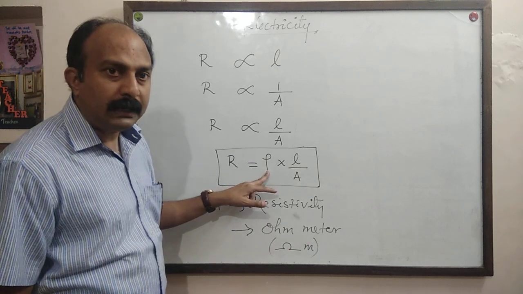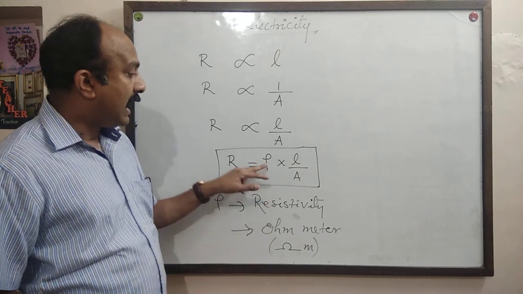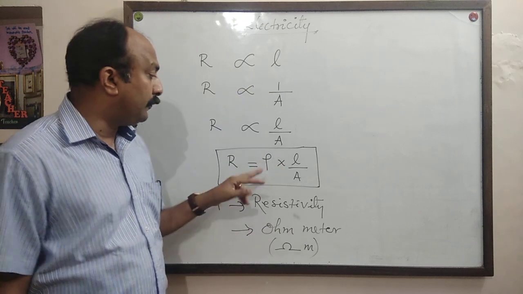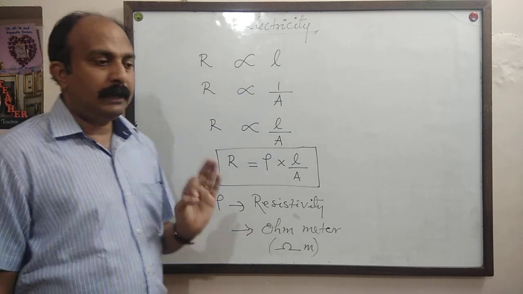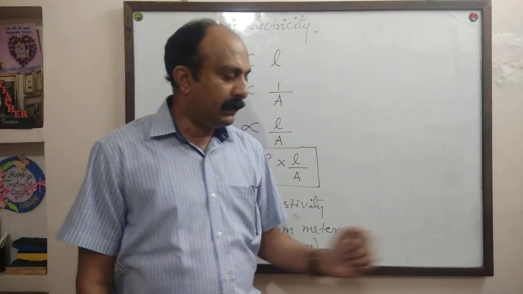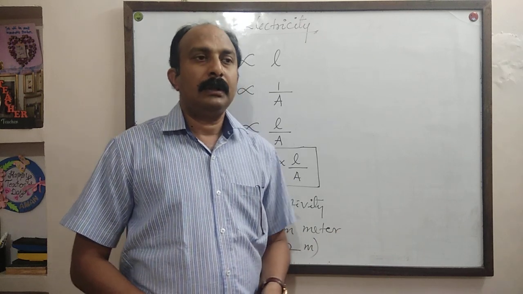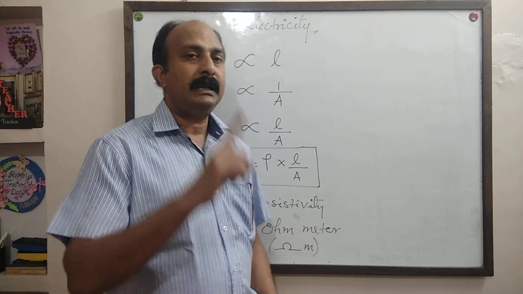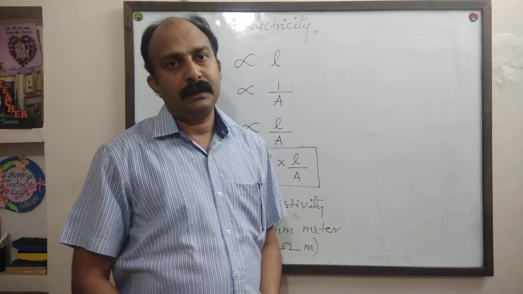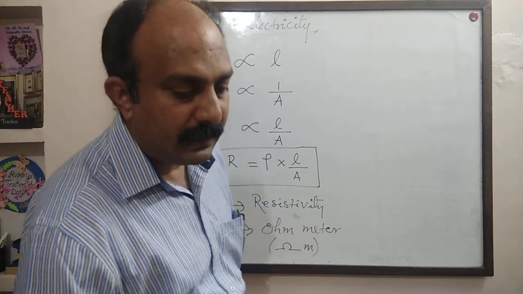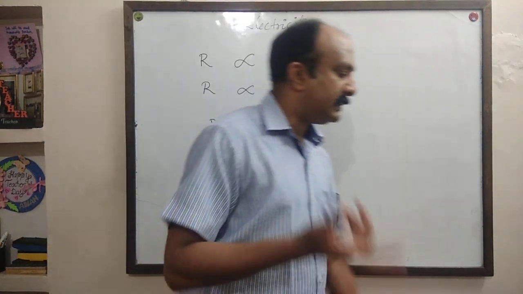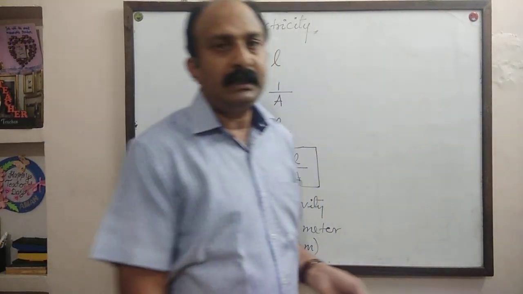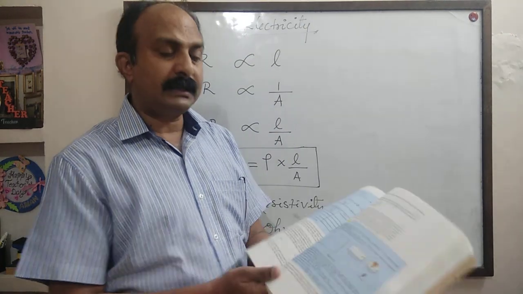So, the good conductors are those having a very low value of rho. In terms of rho, you can see a table given in your NCERT book showing the resistivity of different materials, and you can see silver is on the top. Since the resistivity value of silver is the least, silver is the best conductor of electricity.